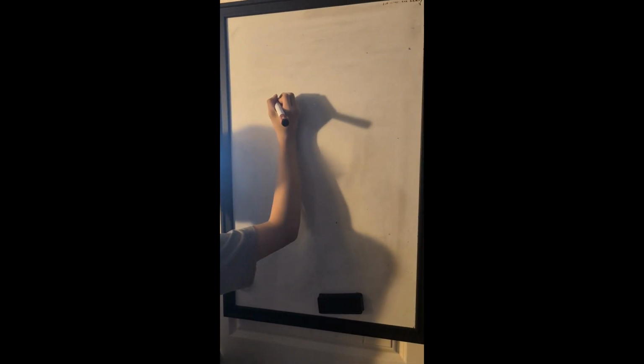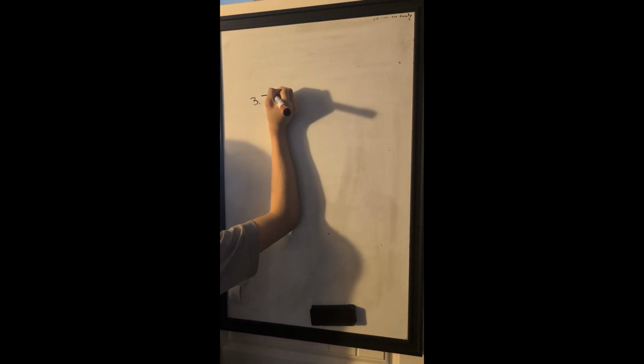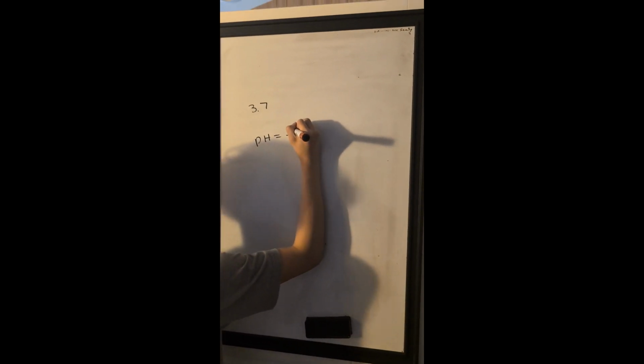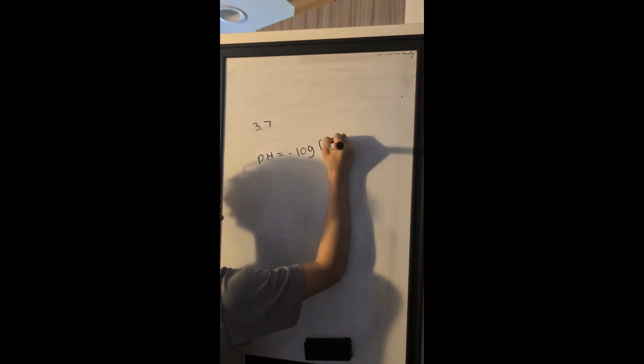What we know is that the pH of solution A is 3.7, and we know the equation pH is equal to negative log hydrogen ion.